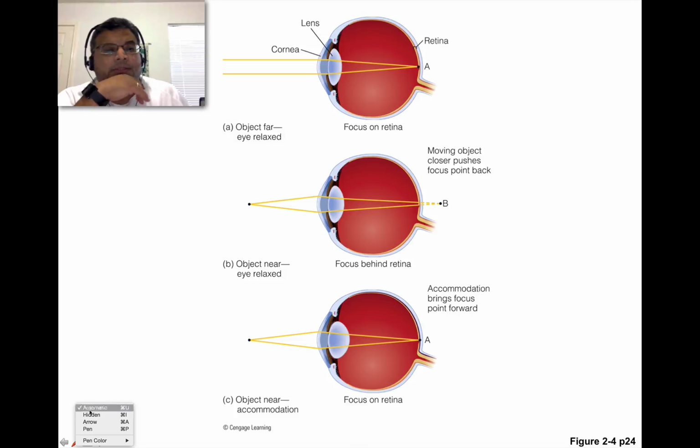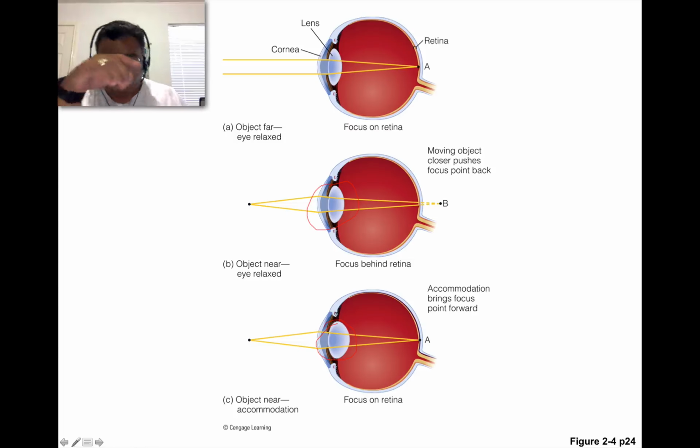the lens actually gets thicker. So notice that this lens here is kind of thin, and then since this eye is going to accommodate looking at this closer view, it's going to get a little bit thicker.